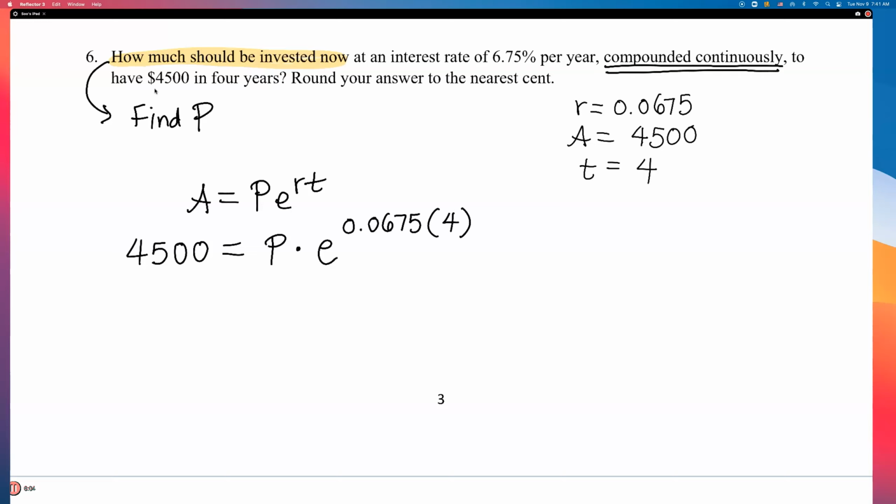All right, remember what we did to both sides. We're going to divide both sides by that exponential term because P is simply getting multiplied by that exponential term.